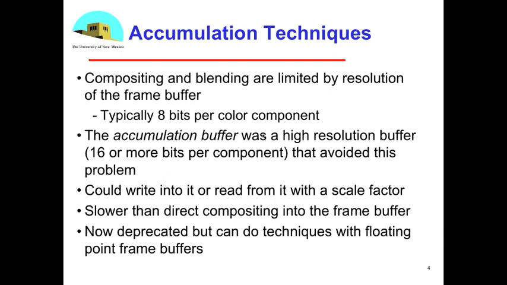The basic functionality was that you could multiply a texture map or an image by some constant, which was a scale factor, and then write it into the accumulation buffer, which would accumulate, essentially compositing multiple images together, shifted versions of an image so that you can do filtering, and then you could read it back.